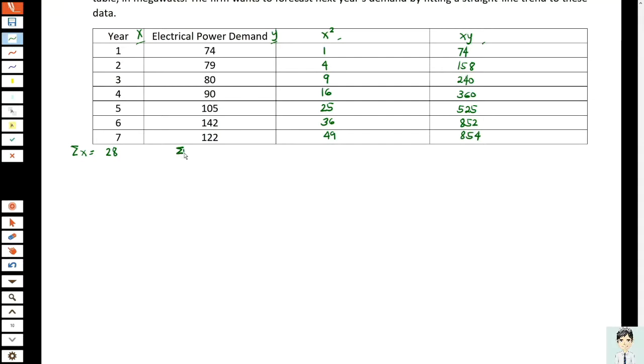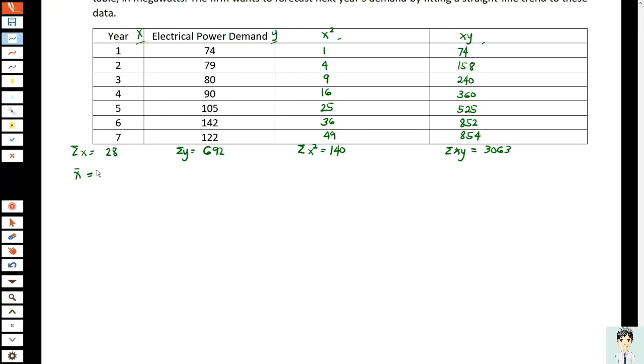Summation ng y is equals to 692. Summation ng x squared is equals to 140. At po, summation ng xy is equals to 3,063.